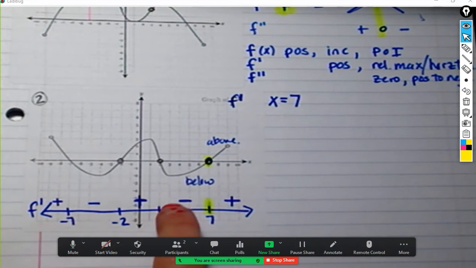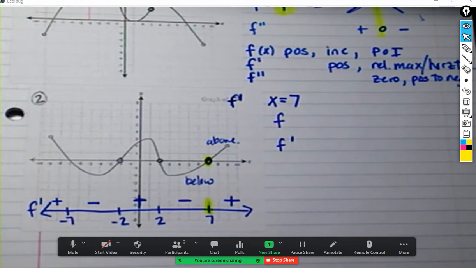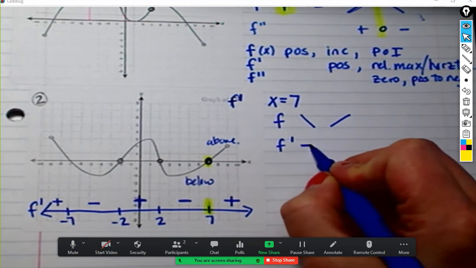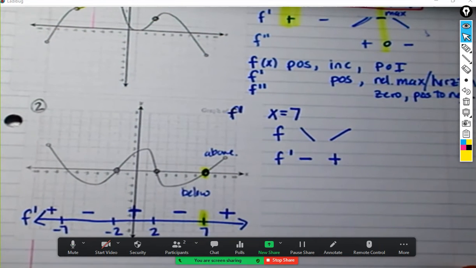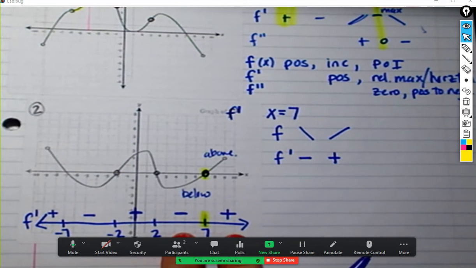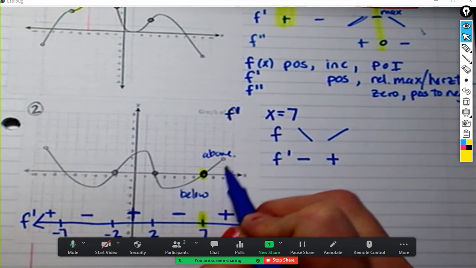So notice that F prime is negative to positive. So when I make my fun chart, I want to make sure that my F prime row goes in the correct order. Right? Look at how I changed the order of the first two columns because I wanted it to match what I see on my picture. F prime is negative, then positive.